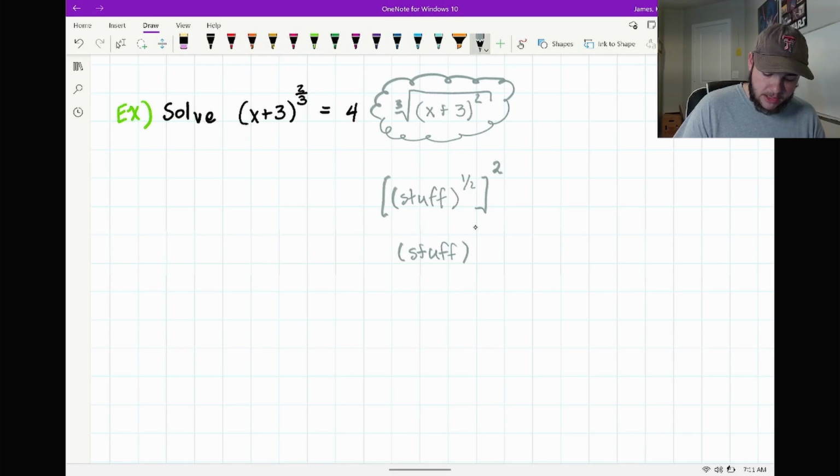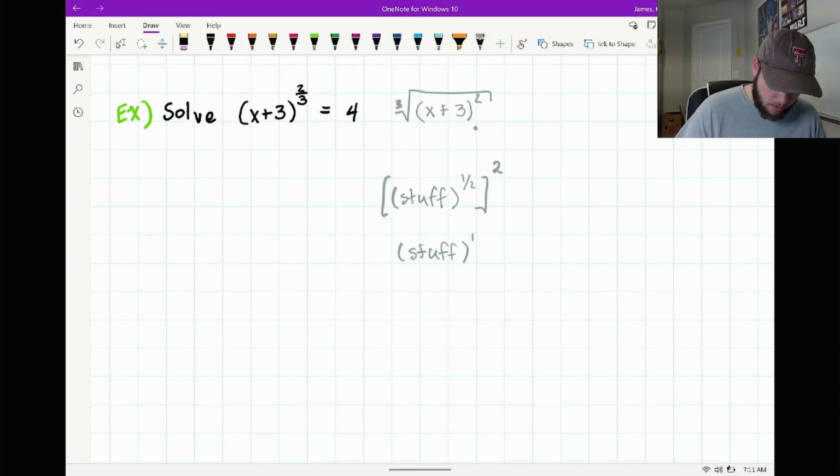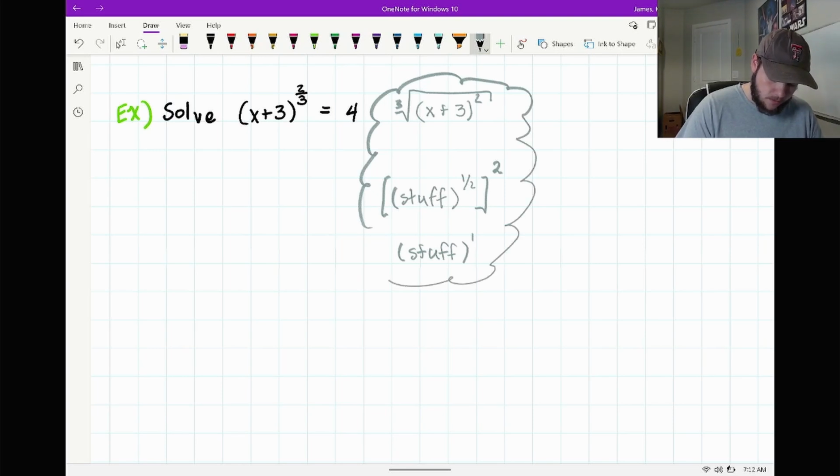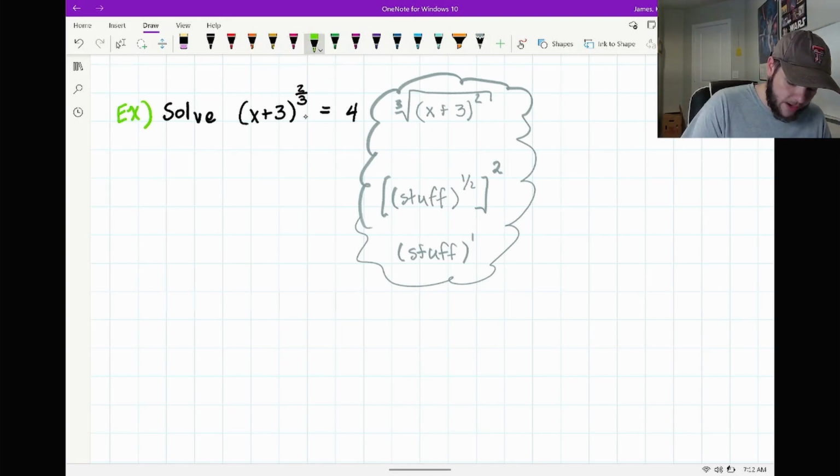So I got stuff to the 1/2 times 2, or 1 power, and that canceled the radical out. The idea with this problem, and why don't I extend my thought bubble here? The idea with this problem is the same. It's just that 2 isn't going to be the magic number that cancels out our radical. It's going to be the reciprocal of whatever this number is. So we need the reciprocal.